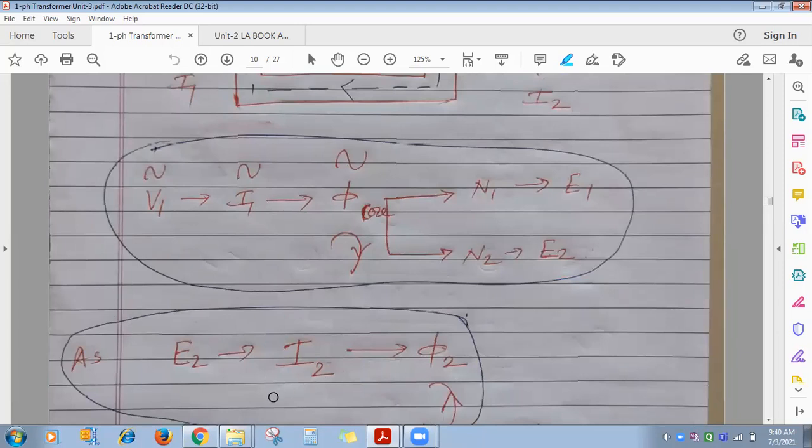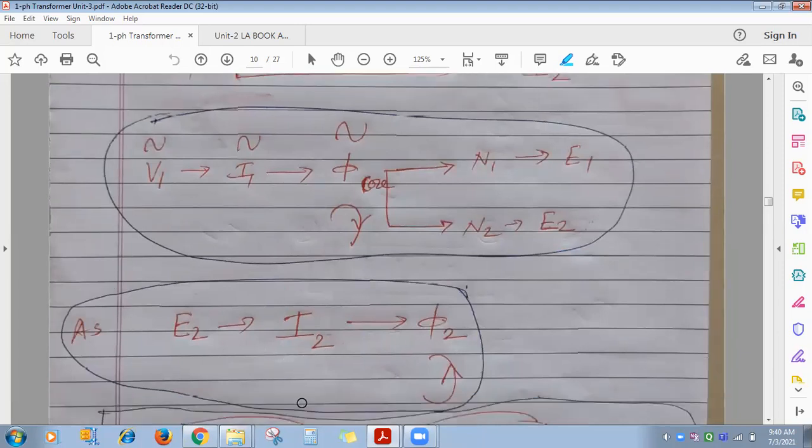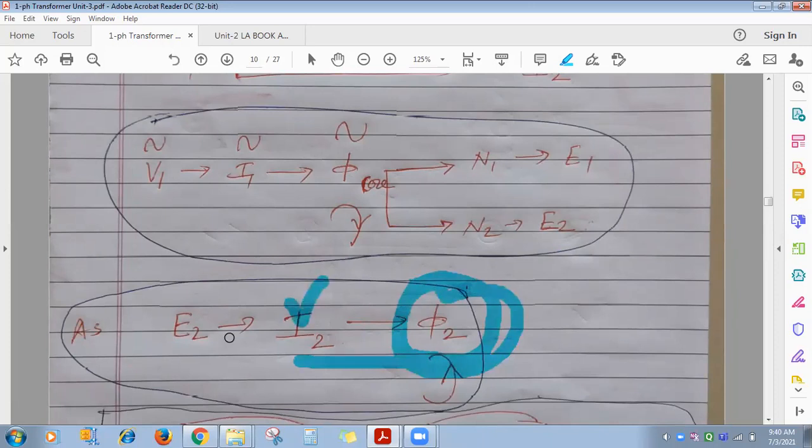Now, as per Lenz's law, what will happen? Consider I2 is producing the flux phi2. As per Lenz's law, phi2's direction will be such that it opposes the cause producing it. Phi2 is produced because of I2. I2 is produced because of E2. E2 is produced because of the flux produced by N1 I1, isn't it?